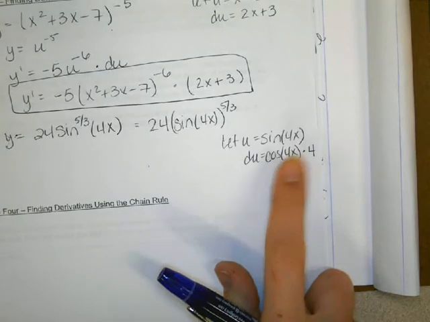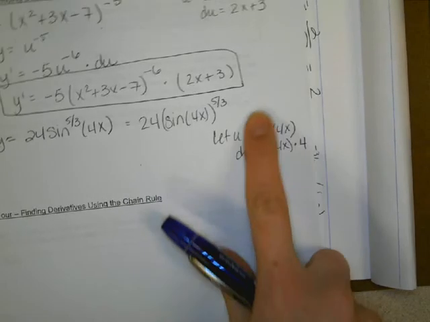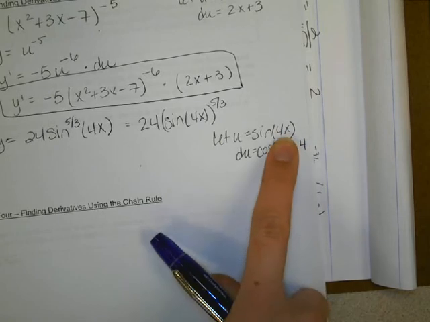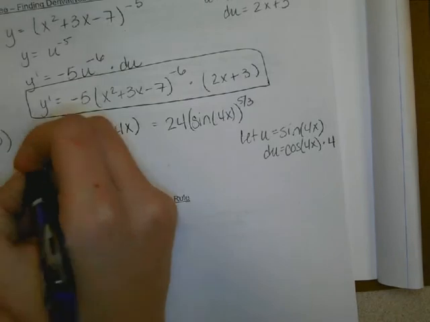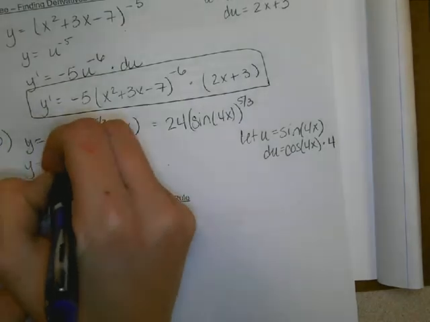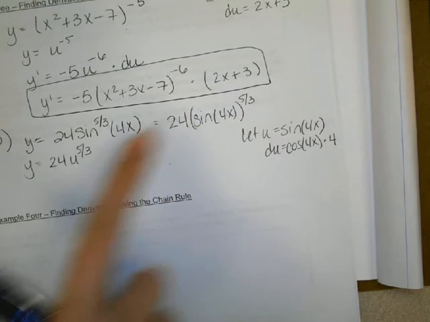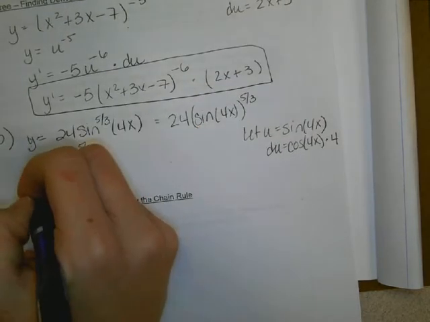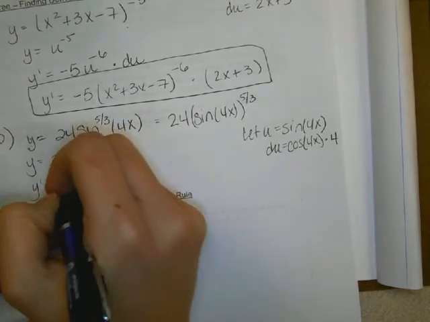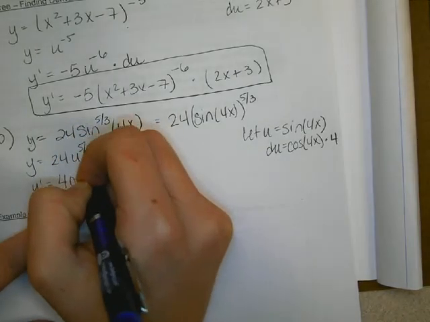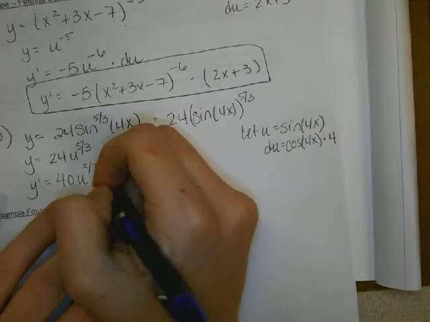Because taking the derivative of sine of 4x, you have to use the chain rule there because your argument is not just x. So that would be du. And I'm going to rewrite in terms of u. Okay, so we replace the inside function with u. And I'm going to take the derivative, which would be 40, and times du when we take the derivative.